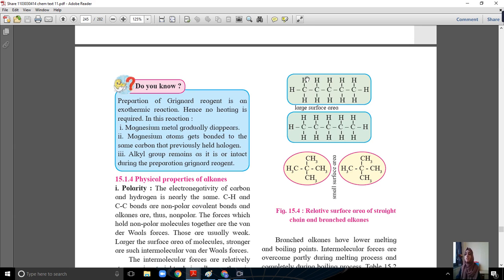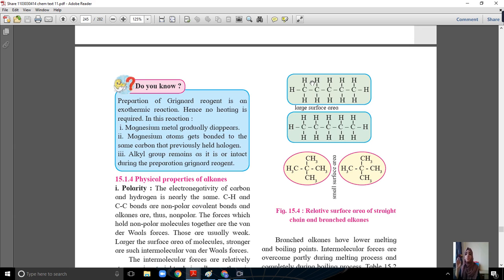Because the difference between the electronegativity of hydrogen and the electronegativity of carbon is very low. The difference between the electronegativity of carbon and hydrogen is very, very low. So it is nearly a non-polar covalent bond. So both the bonds in hydrocarbons are non-polar.